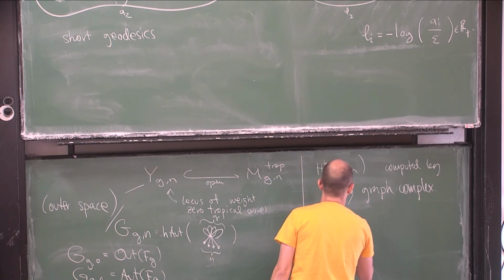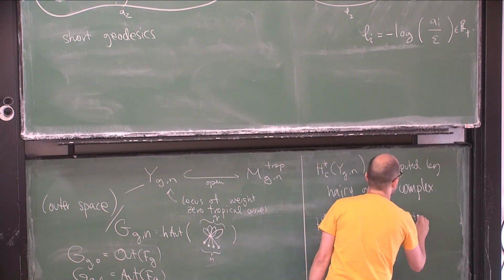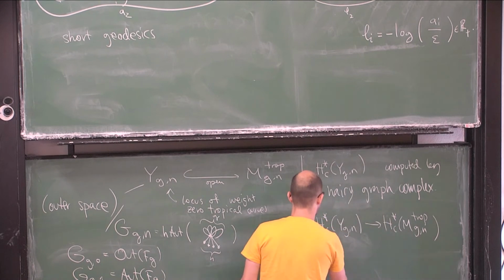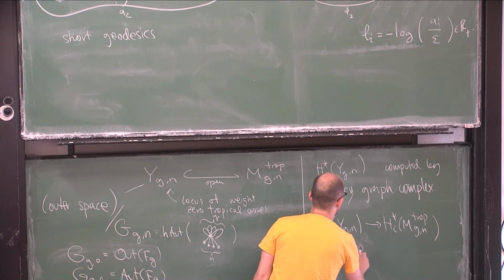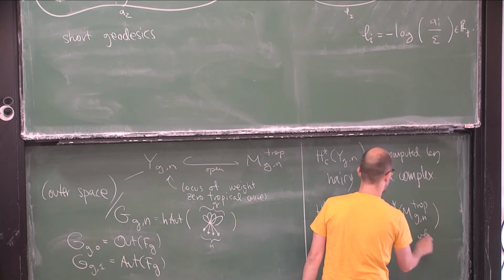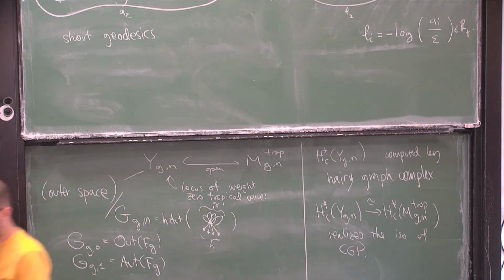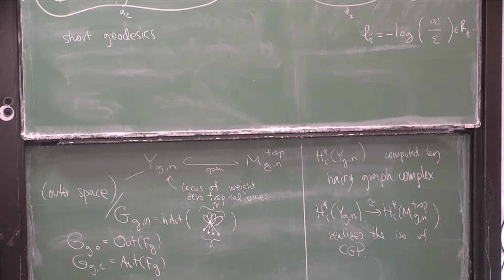This map realizes... well, this commutative diagram.